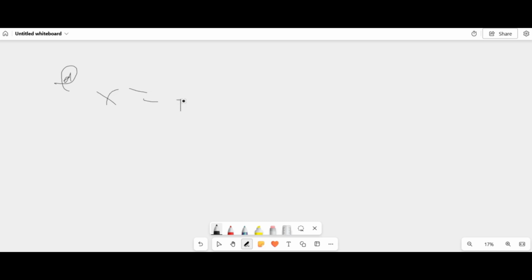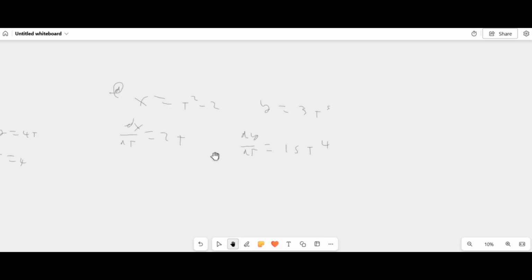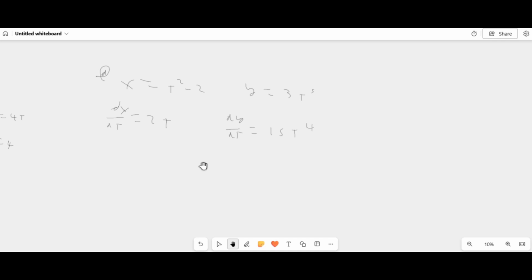So x is equal to t squared minus 2, and y is equal to 3t to the power 5. So again, dx over dt is going to be, bring the 2 down, so we got 2t. And then dy over dt is going to be 15t to the power 4. Now put dy over dt divided by dx over dt.